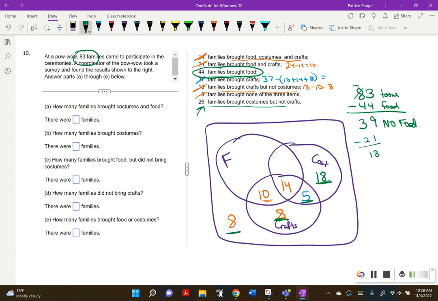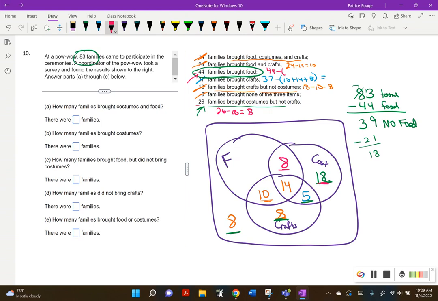26 families brought costumes, so they're in this circle, but not crafts. So we're talking just right here and here, which needs to add up to 26. So 26 minus 18 is 8. Then we can go back to 44 families brought food.